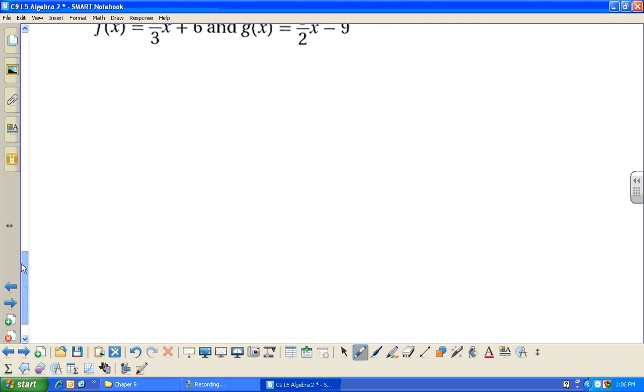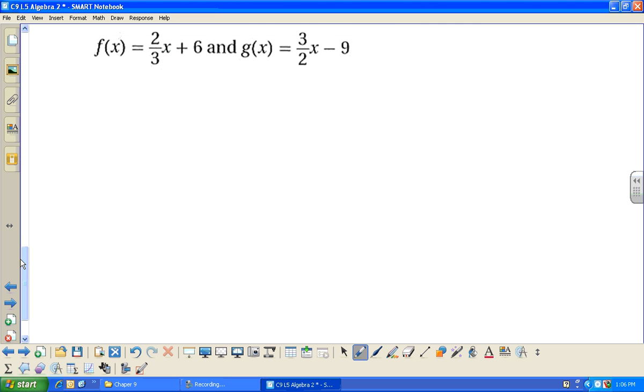And finally, test these last two equations to see if they're inverse functions. First, I test f of g. So I start writing the function of f. Wherever I see an x, I replace that with the function of g.